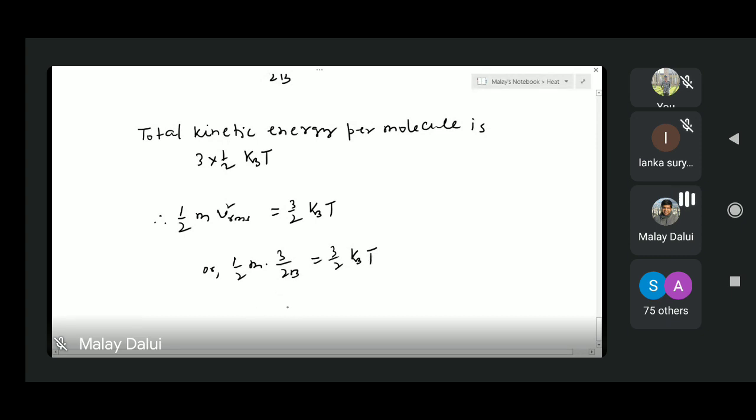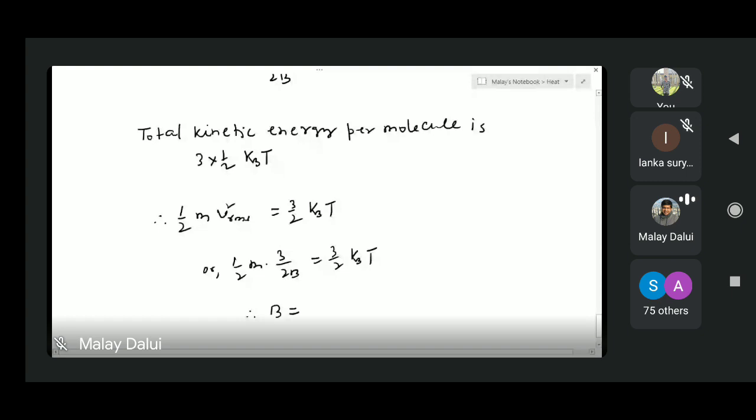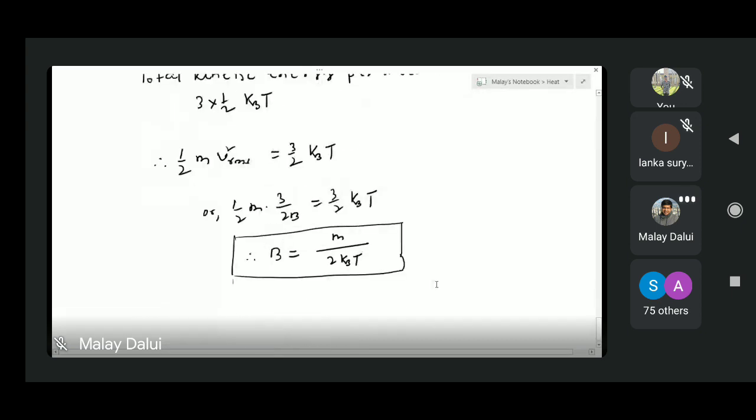That's how we did all this, going back and forth. So from here, b is m over 2 kBT. This will be equation number 20.